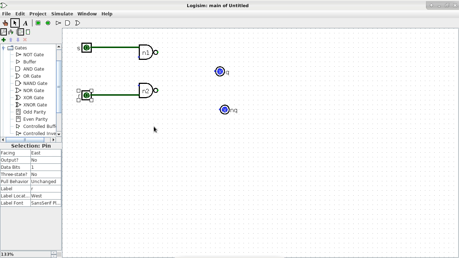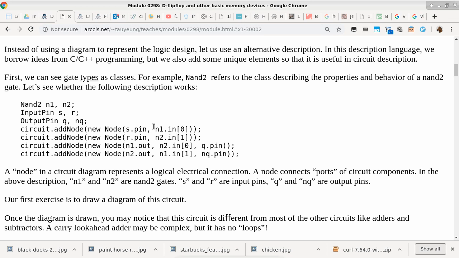All right, so we got the two pins already set up, the first two nodes. Now the third and the fourth nodes are a little bit interesting, because as you can see, the output of N1, which is the output of the first NAND 2 gate, is connected to the first input of the second NAND gate.